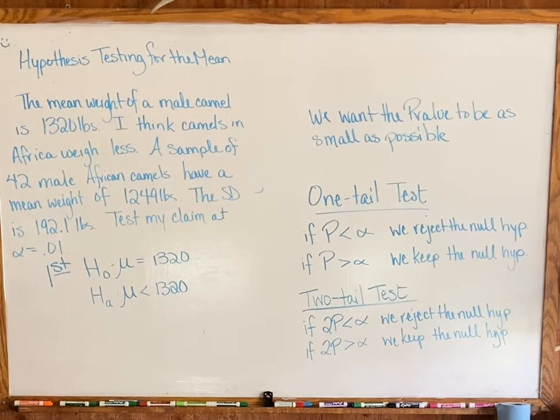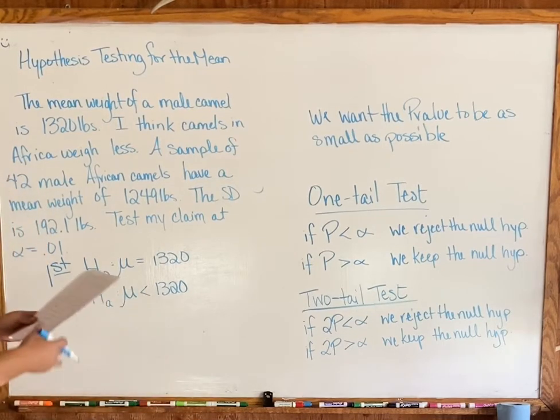Is it less enough that we are able to say, beyond a reasonable doubt, beyond a 1% chance of screwing this up, that it's less? What if I just ended up getting a whole bunch of really skinny camels from one area and there was no food there to eat, and that's why they're all skinny? So there's always the possibility we did screw this up. So we cannot just look at this number and say, oh yeah, that's less than that, we're done. That's what requires the whole testing thing.